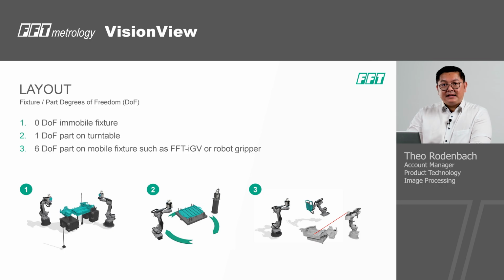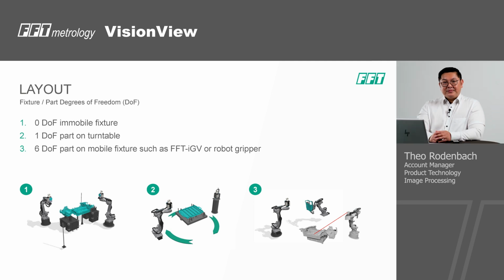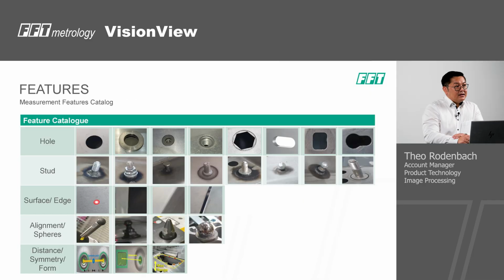Our measuring cell can be flexibly configured. One VisionView measuring cell PC can be equipped with up to 8 sensors. The sensors can be used in a stationary position, on a tripod, on a linear traverse axis or in industrial robots. The part fixture can also be flexibly configured on a static measurement fixture, on a turntable or on mobile platforms such as FFT AGVs.